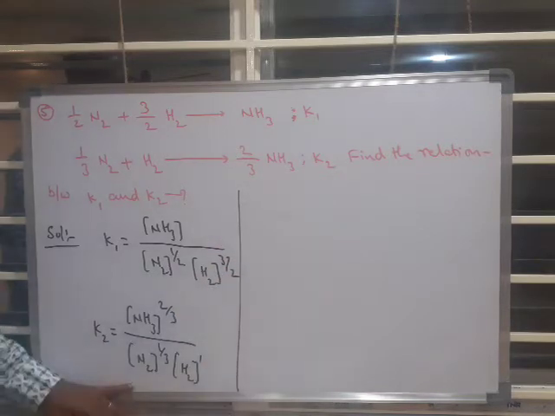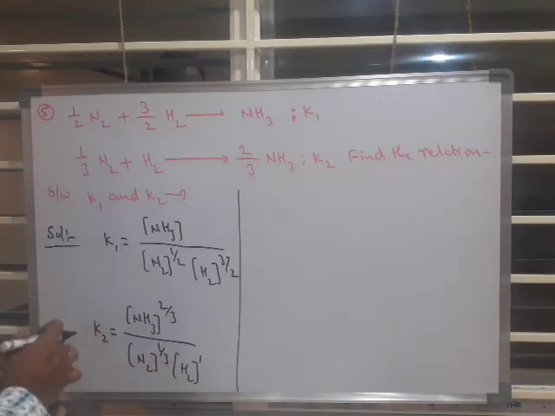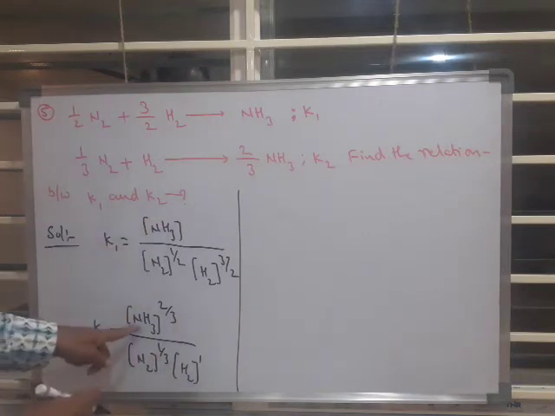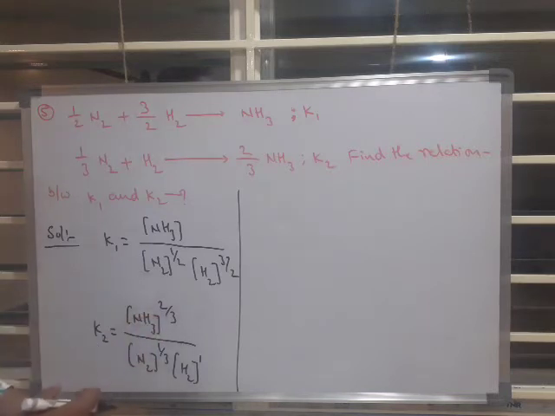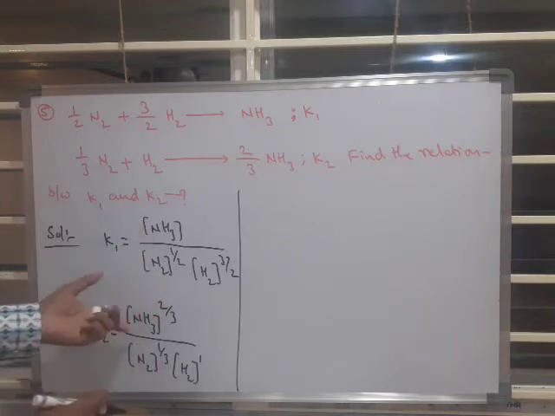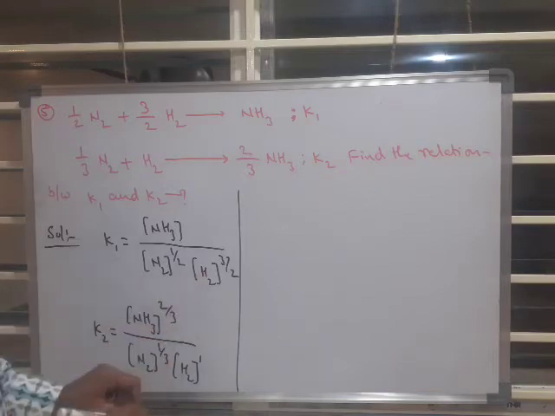So I have to guess the relation. Just see here: in K1, NH3 is in the numerator, and here also NH3 power 2 by 3 is in the numerator.